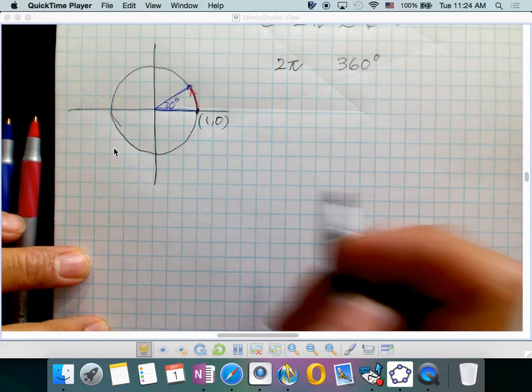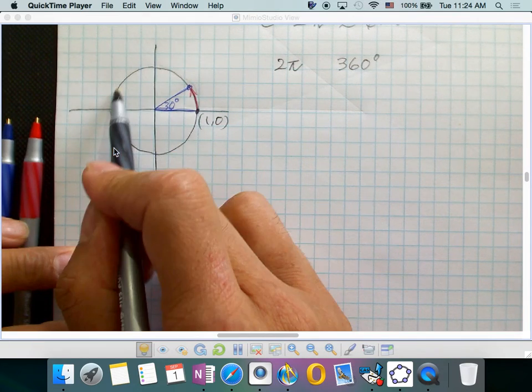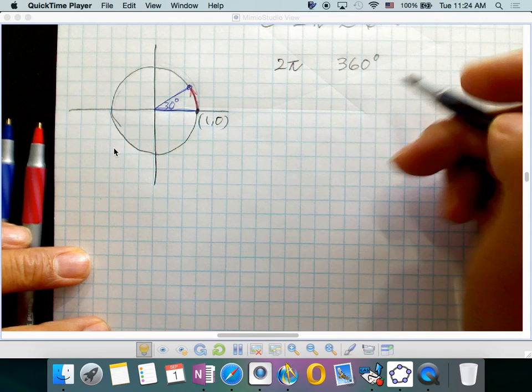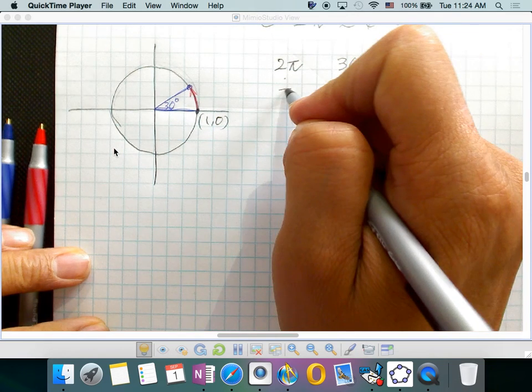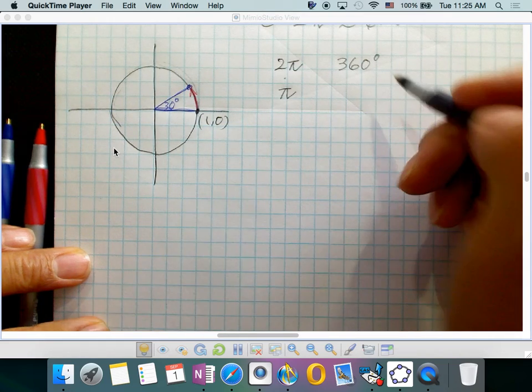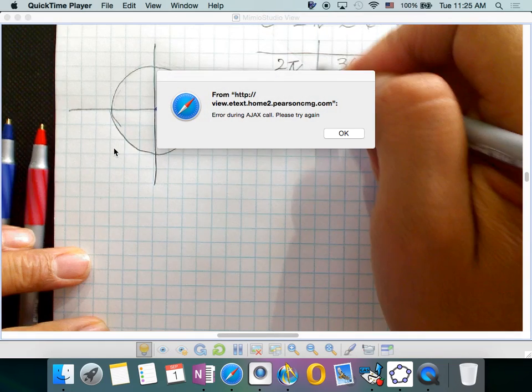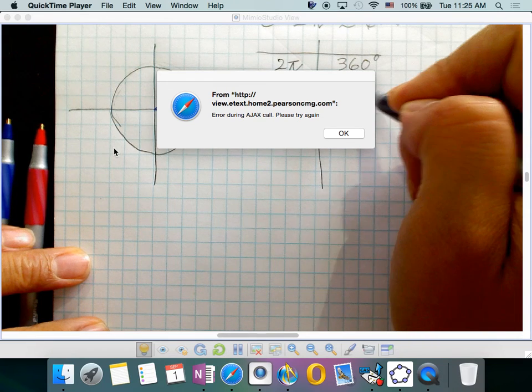If you travel a semicircle, just half of the circle, that is half of 2 pi, so it should be pi. And that's the same as traveling 180 degrees. Okay?